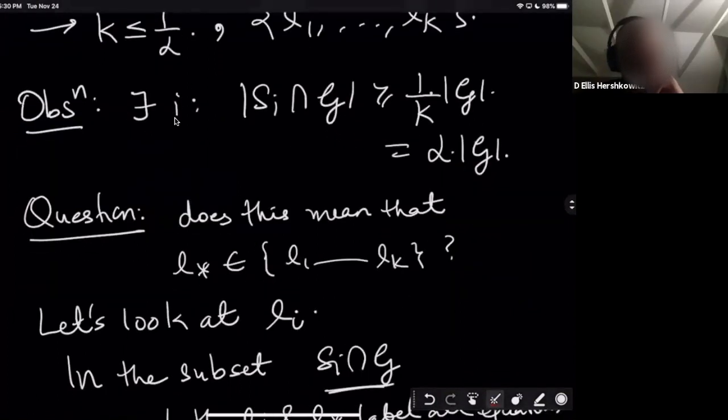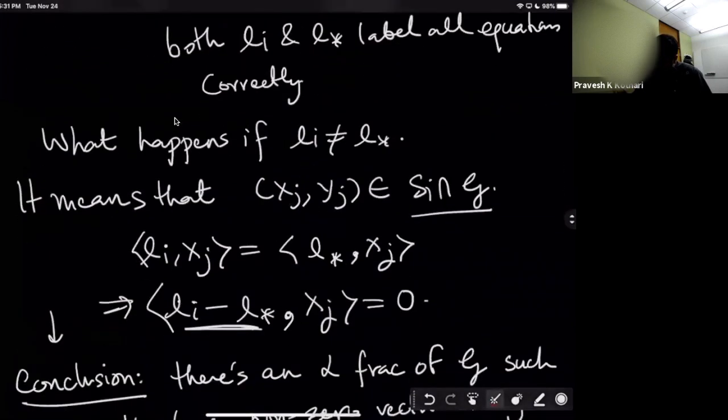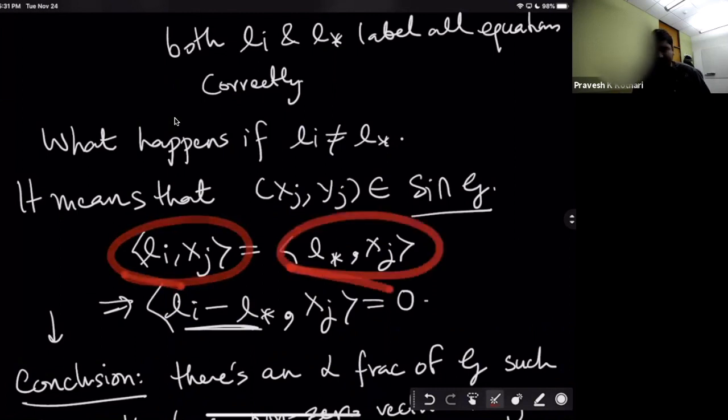Now we look at this intersection Si intersect G. We observe that because Li solves all the equations in Si and L star solves all the equations in G, on the intersection both Li and L star solve all the equations. In particular, for all xj such that xj comma yj is in Si intersect G, Li dot xj should equal L star dot xj.